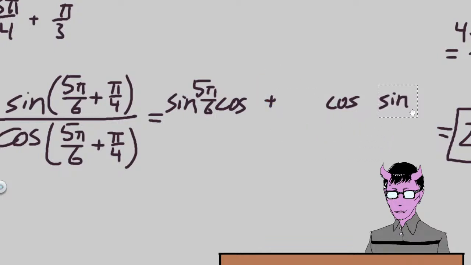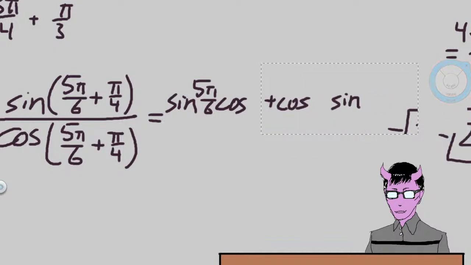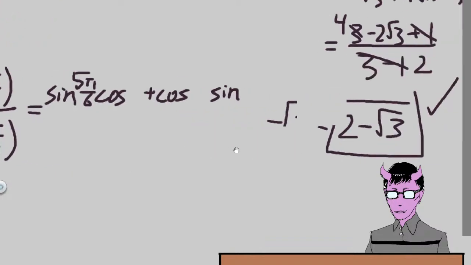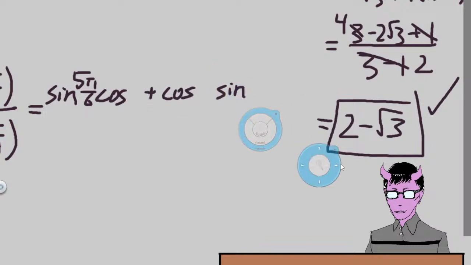Careless. Sine, cosine, cosine, sine. Oh, I broke up the answer. Hold up. So we're aiming for 2 minus root 3.